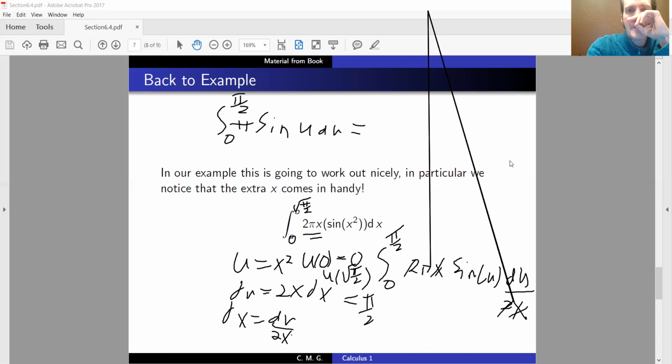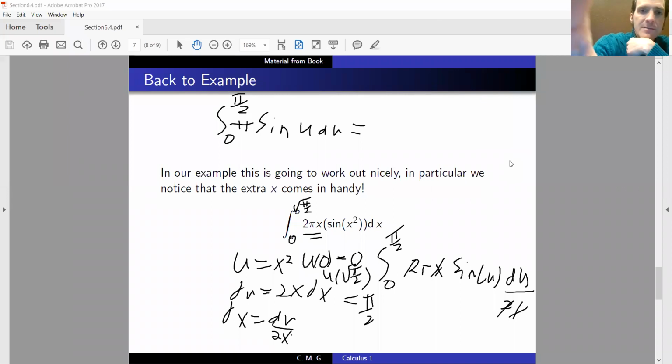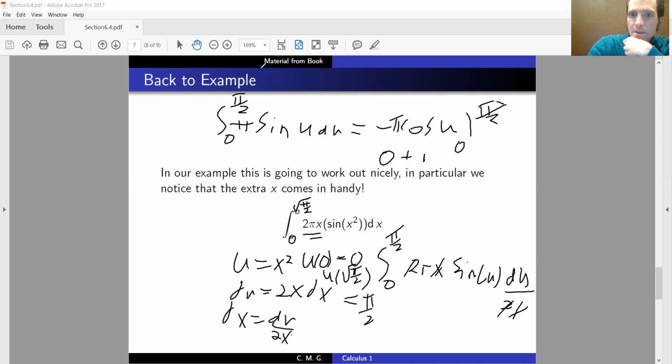And now the antiderivative of sine of u is negative cosine of u. There's a pi in front of it, evaluated between 0 and pi over 2. Cosine of pi over 2 is 0, so the first term here is 0. Cosine of 0 is 1, so it's minus negative, plus pi. So the volume of this sine of x squared revolved about the y-axis is just going to be pi.